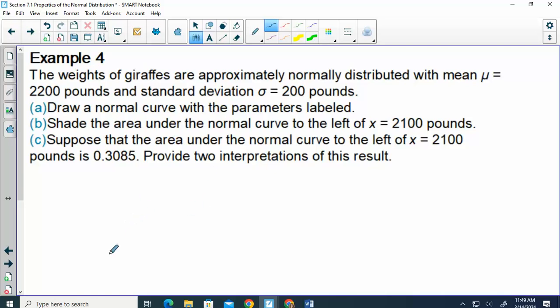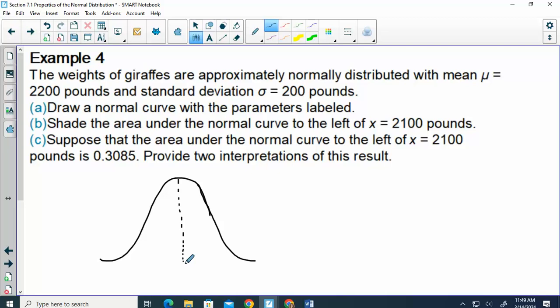Symmetric and bell-shaped. So we have the same amount on both sides, a peak in the middle. When I say the parameters labeled, that means the mean and standard deviation.